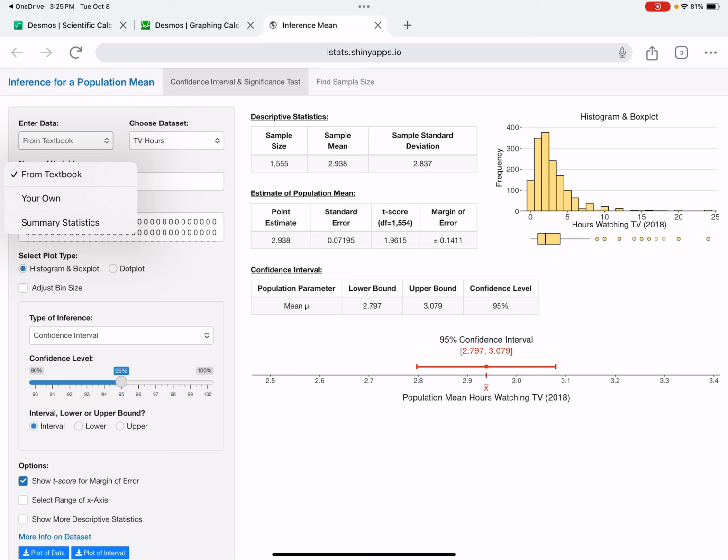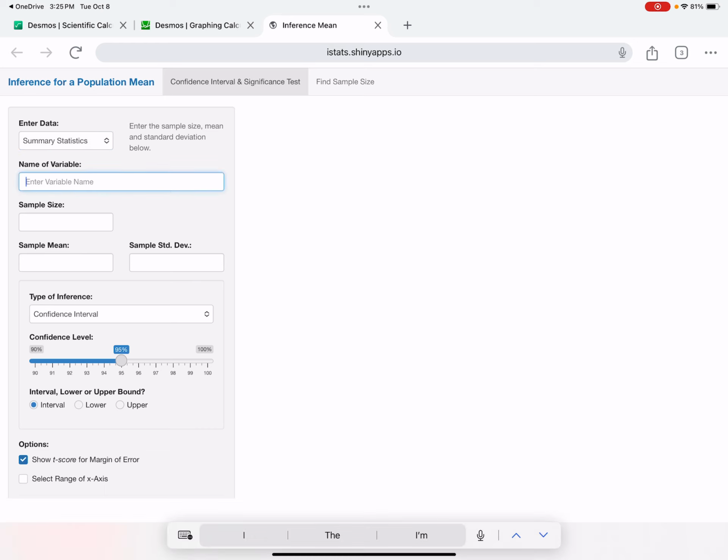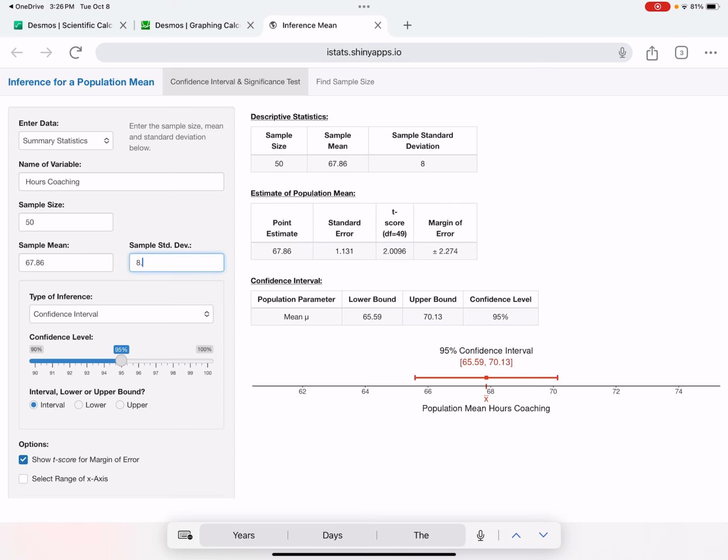Let's enter some summary statistics, okay? And we can give a name to this variable if we want. We can call it hours coaching. Our sample size was 50, right? They sampled 50 assistant coaches. The sample mean was 67.86. And the sample standard deviation was 8.2.